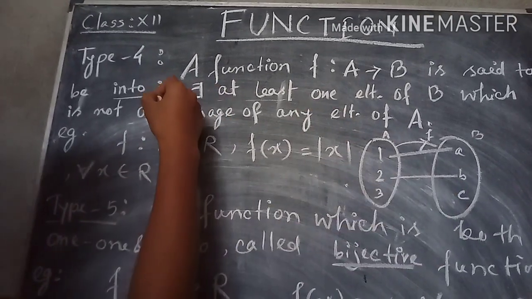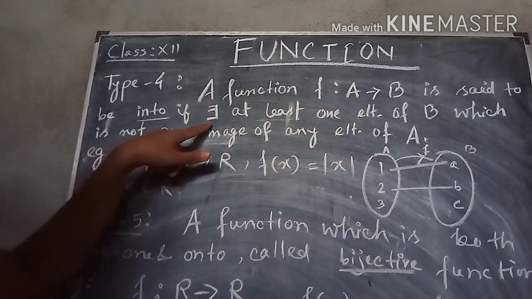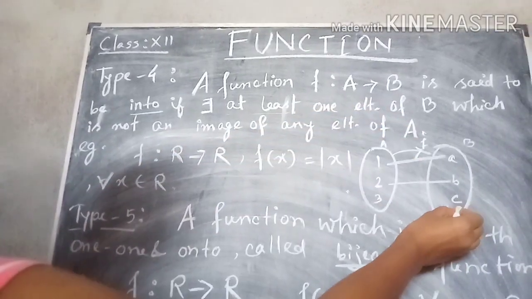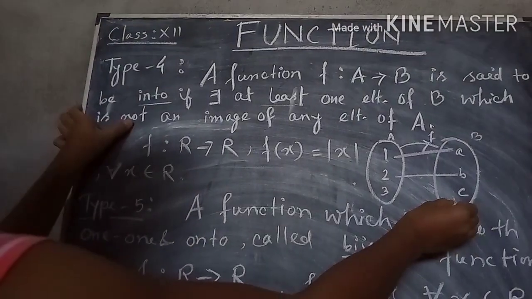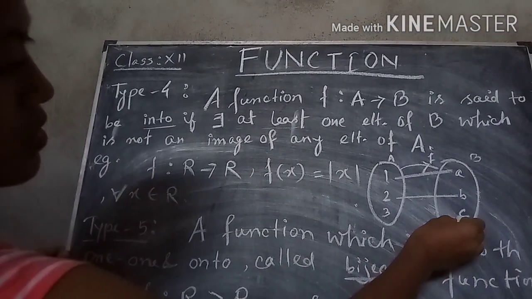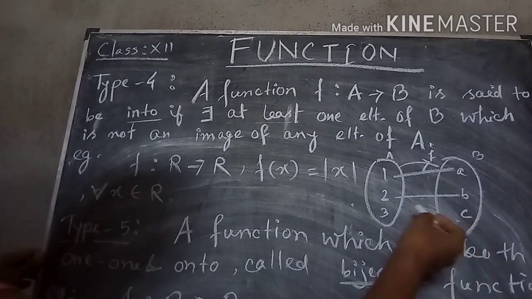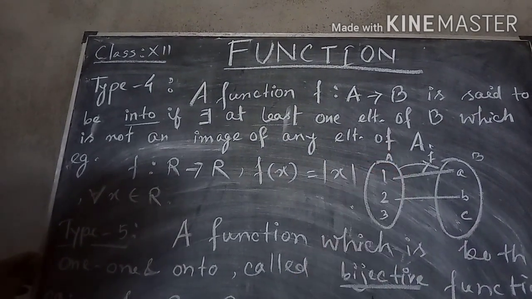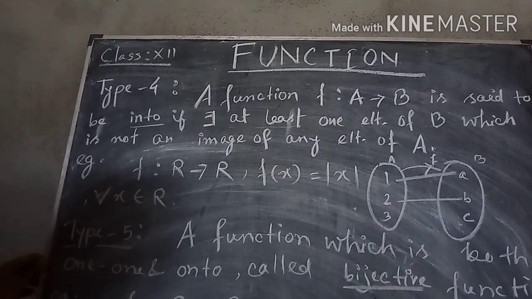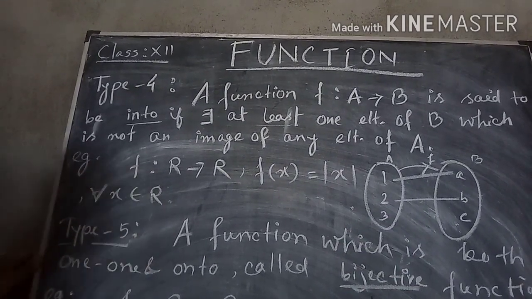So the definition says there exists at least one element of B which is not an image of any element of A. So here in this figure, c is not an image of any element of the set A. So this function can be called into function.